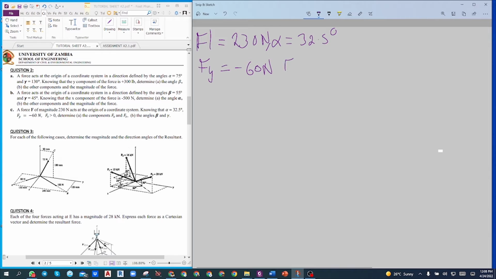And then we are told Fz is greater than 0. Okay, this is quite enough information.